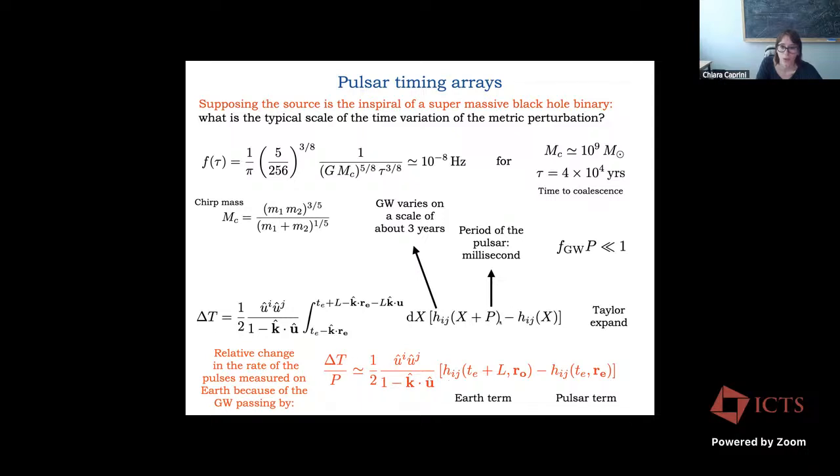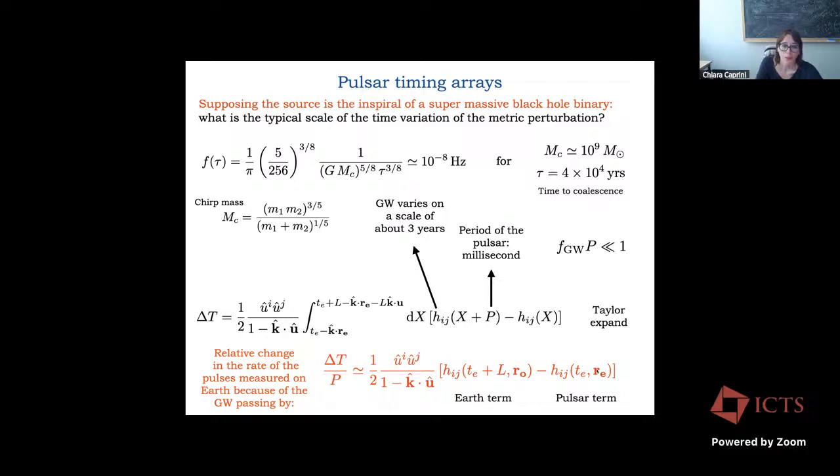I just took the increment that comes from the Taylor expansion, that is p, and put it at the denominator. This term remains the same, and then I have Hij at this boundary, which is at Earth, minus Hij at this boundary, which is at the pulsar.